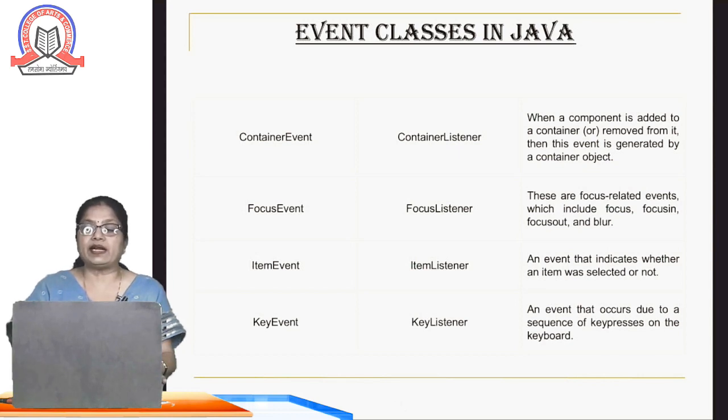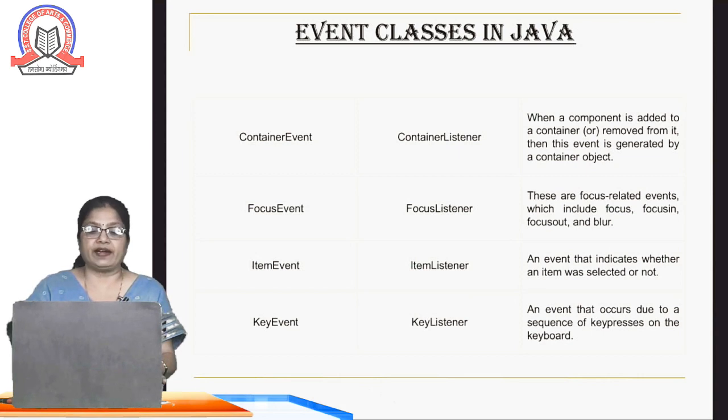When a component is added to a container or removed from it, then this event is generated by a container object. For focus event, there is a focus listener, and these are focus related events which include focus, focus in, focus out and blur.